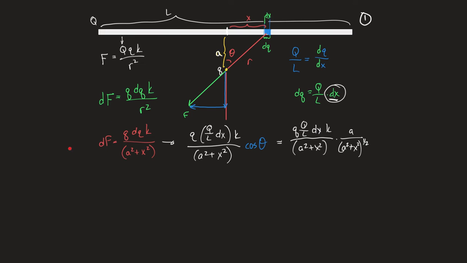From there, we started to replace variables that we know can't be in our answer with ones that can. Although R can't be in our answer, neither can X, but A could, and this gave us a one-dimensional way of expressing the force. The problem is that this force is at an angle, and we know that there's a certain amount of symmetry.